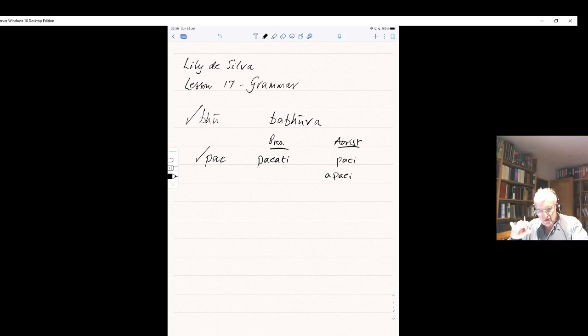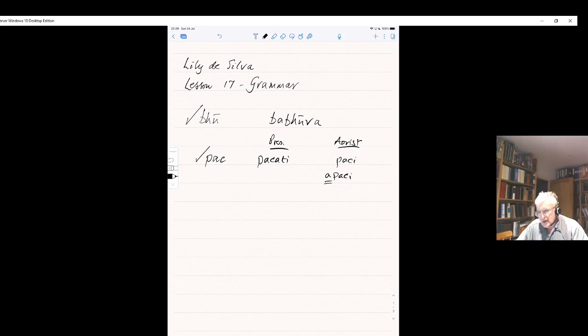In Sanskrit, the aorist always has this augment, this initial a. It looks like, but has nothing to do with, the negating a, meaning not. It's an entirely separate thing. It's just coincidental similarity. In Pali, there are fairly complex rules, which varied over time, whether you add the augment or not. There's pachi or apachi. Very often it's optional. Some cases it's not optional.